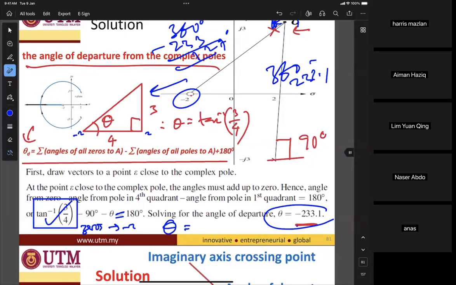If we move terms here and there, then theta should be tangent inverse 3/4 minus 90 plus 180. But if you bring the right side 180 to the left side, it becomes minus 180 already. It's not the same as the red color formula, because the red color is plus 180. Yeah, I manipulate this equation.